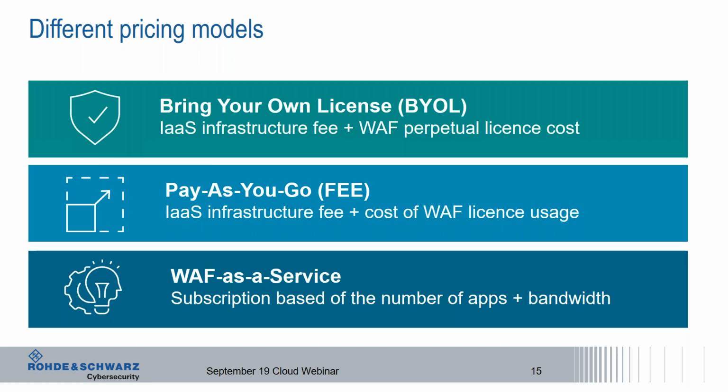Cloud Protector is a subscription based on the number of applications and your bandwidth usage. And you have a website in order to create your security policies, handle your false positives, and see the dashboard.